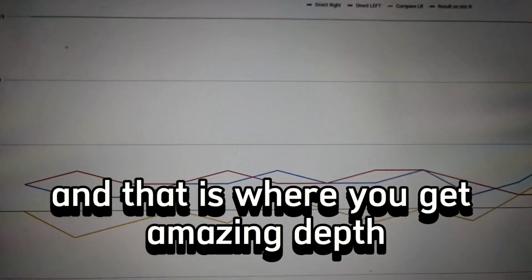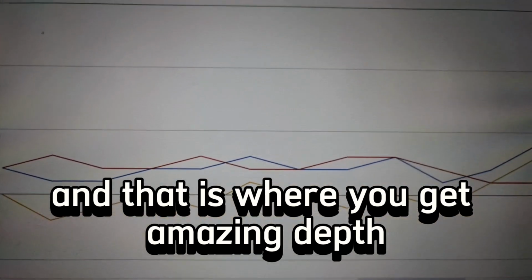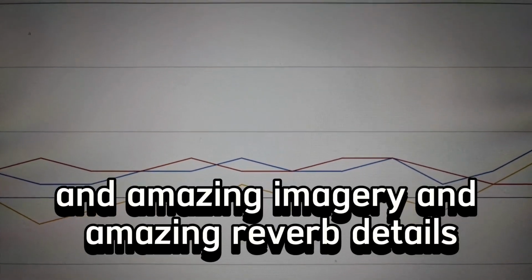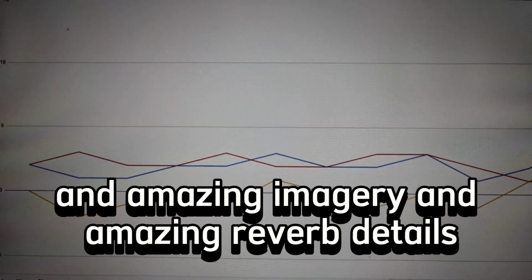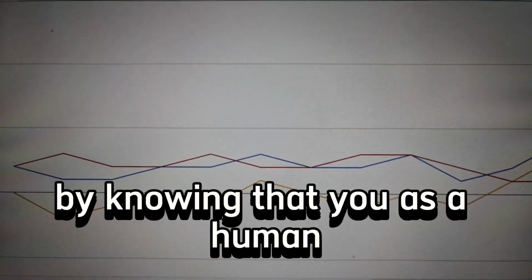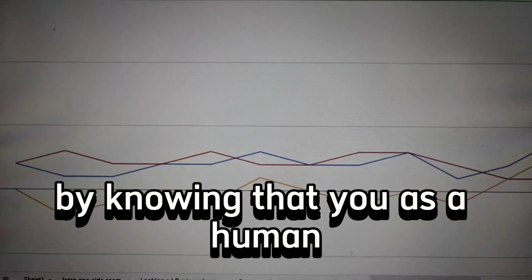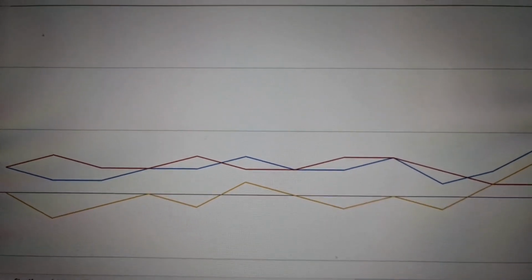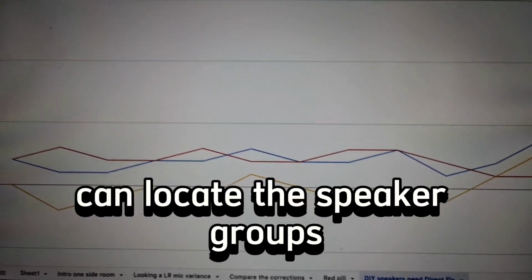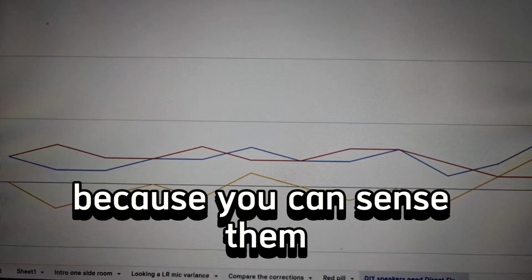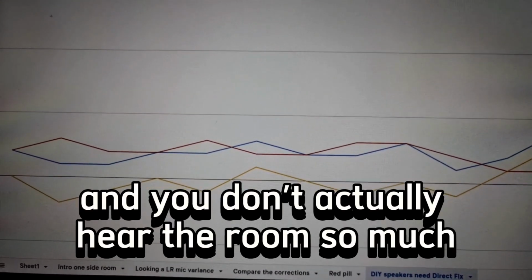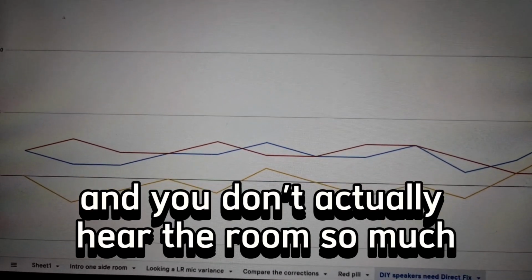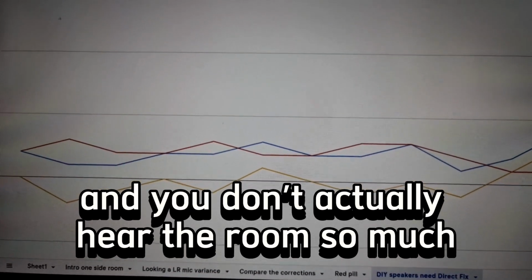And that is where you get amazing depth and amazing imagery and amazing reverb details, by knowing that you, as a human, can locate the speaker groups because you can sense them and you don't actually hear the room so much.